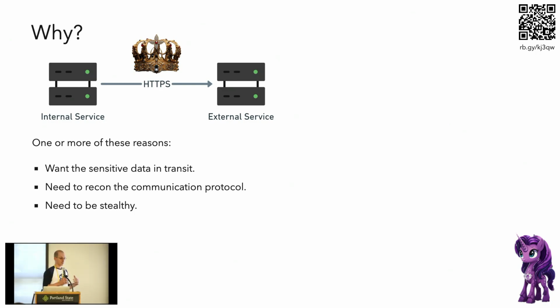You might be an adversary who's compromised something, you don't know what you have yet, and you want to do recon: what is this interacting with and how? What's the protocol here? And intercepting your outbound HTTPS can be really stealthy. You're not going to trip any alarms because you don't have new connections to databases executing unusual queries or anything like that.